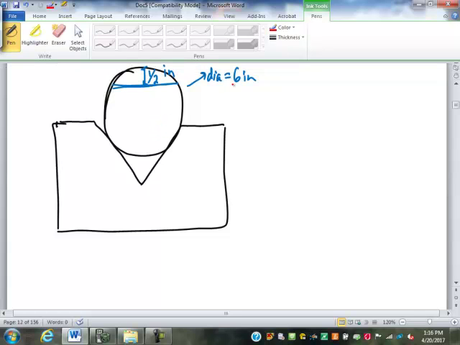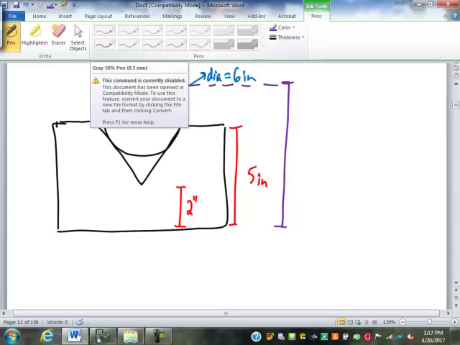With that diameter of 6 inches, this here is 2 inches. This thickness here is 5 inches. I want to know where to set my mill. In other words, what distance from here up to here to set my mill so I get that 1/2 inch milled off of there.